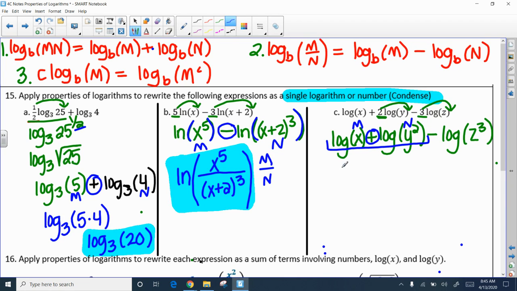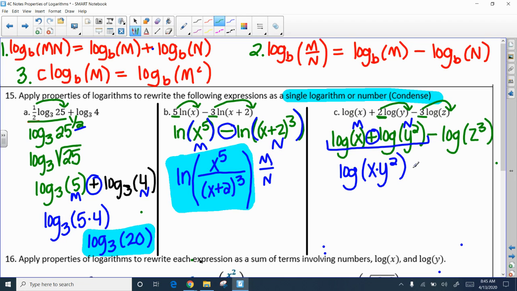So when I put these together, notice this doesn't have a base written. That means the base is 10. So when I rewrite it, it's still a base of 10. So when I rewrite it, this would be log of m times n. So since it's x times y squared, you don't really have to put the dot in between, although you can. This is just log of xy squared.